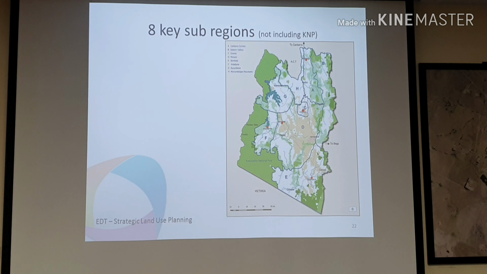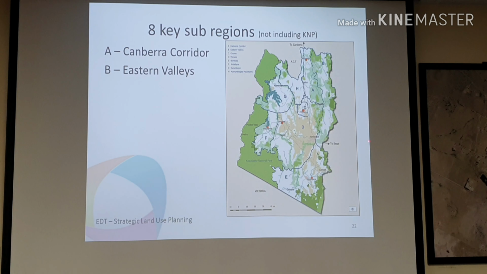So this map here just outlines the 8 key sub-regions in terms of the rural lands in the region. So we've got A as the Canberra corridor, up there with Michelago and Bredbo, and that's the area just focused on the Monaro Highway, heavily influenced by Canberra, with easy access to Canberra within an hour's drive of central Canberra.